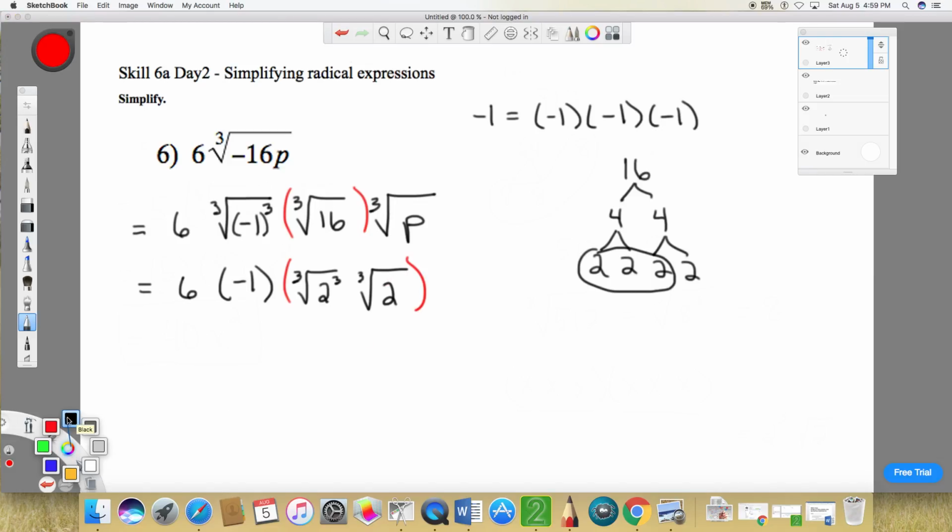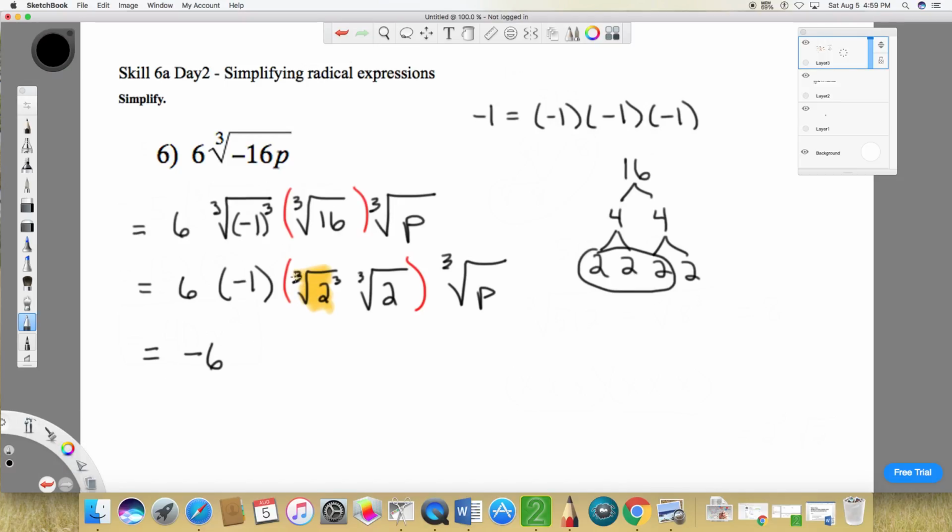Now don't forget our cube root of p here. So why do I do that? Well, let's go ahead and multiply 6 times -1 right now to have a -6. We've said that, hey, this guy right here is easy because we have a group of 3.